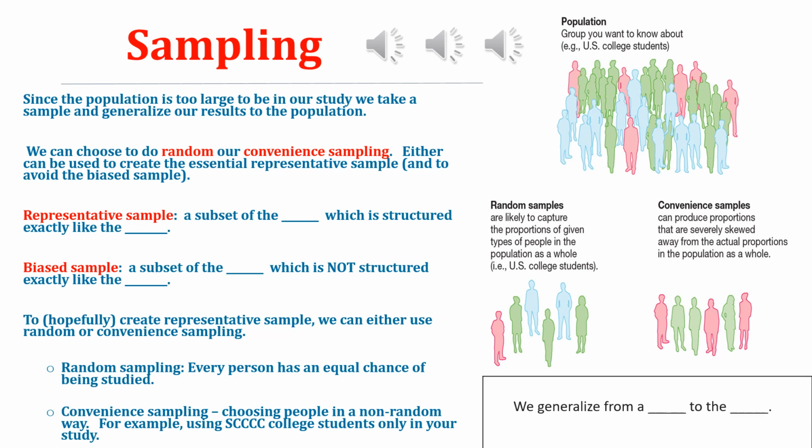So for example, all SCCC college students, or you'll often see children of the university, other university employees being used, or students in Introduction to Psychology, for example. So convenience sampling can produce a very nice representative sample. But again, our basic choices are random versus convenience. And now we are done with this little small but hugely important topic.